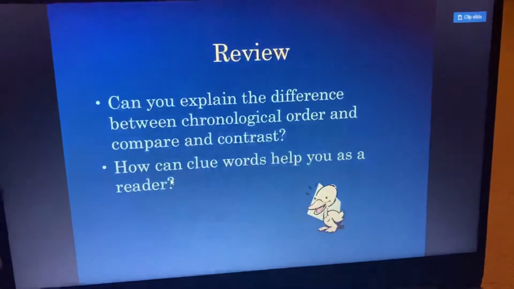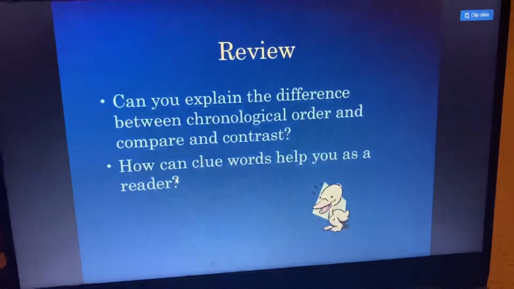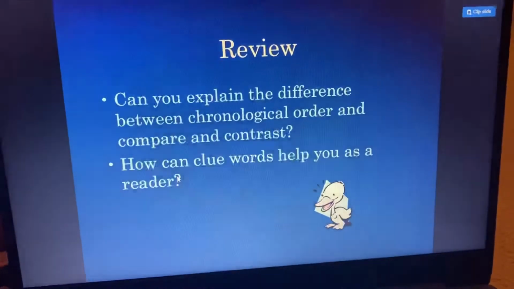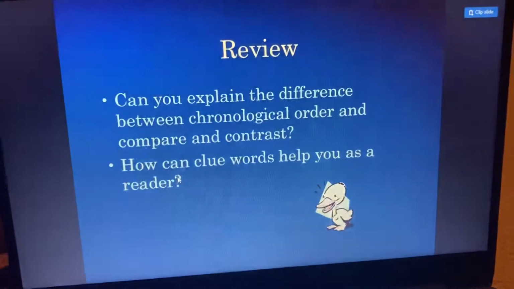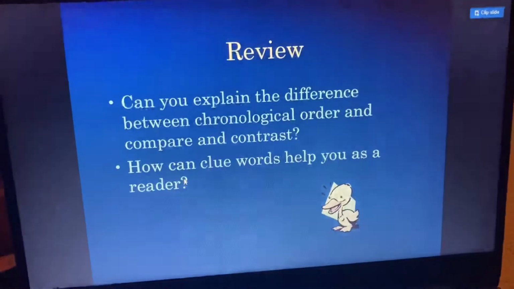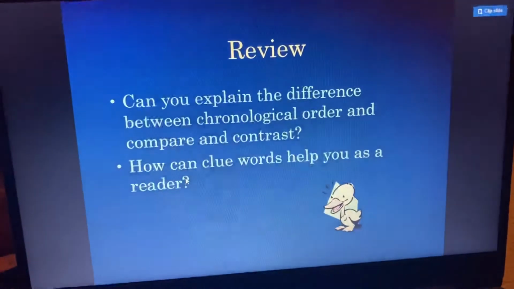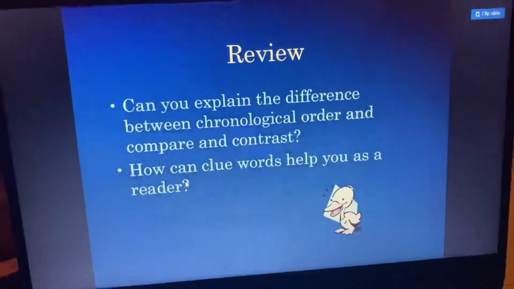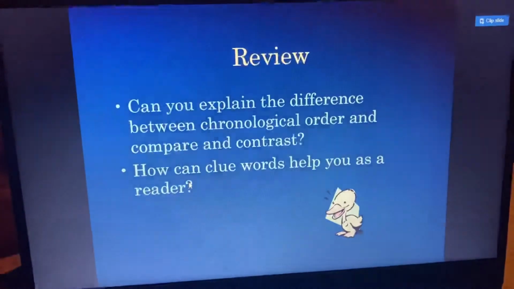Words like both, that shows things that are the same, or how they're alike. They might use words like alike. We also saw words like but, differences, although.